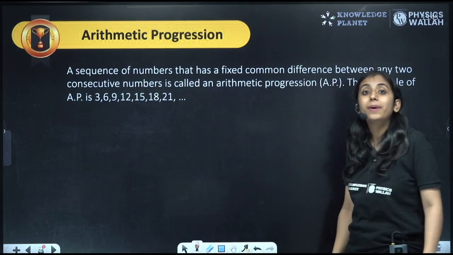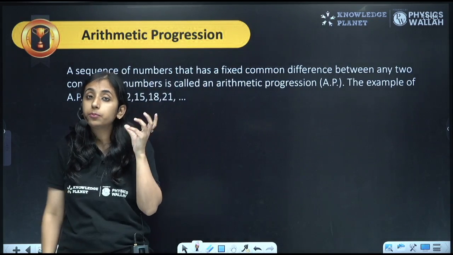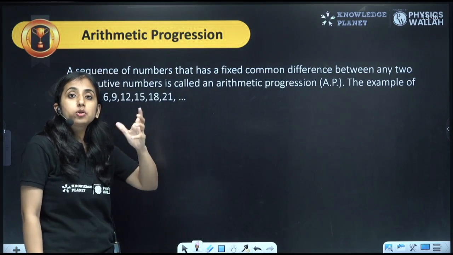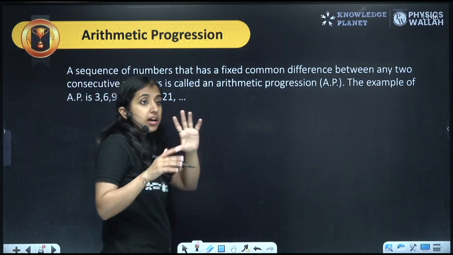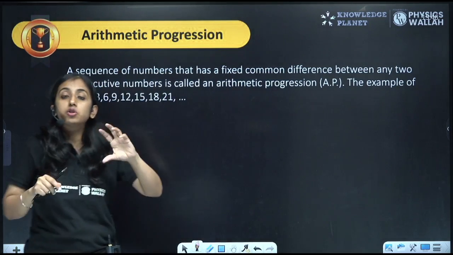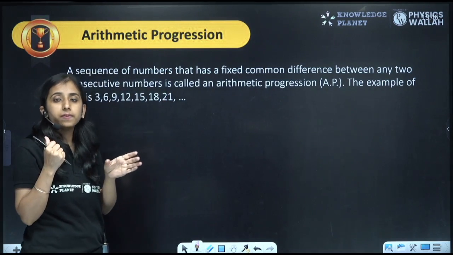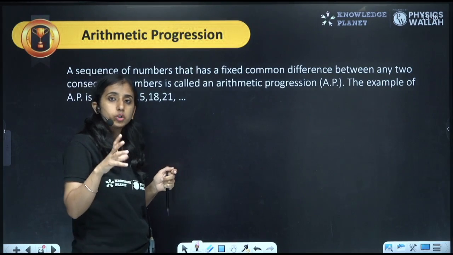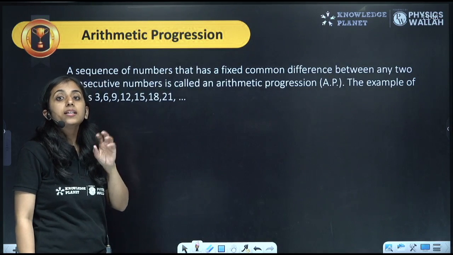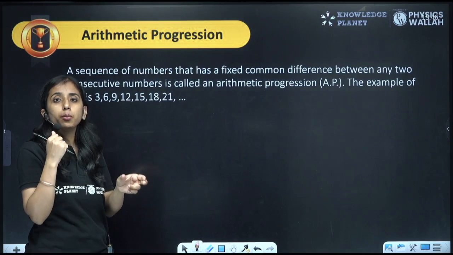Next is arithmetic progression. So what is arithmetic progression? Arithmetic progression is a series of numbers in which there is a fixed common difference between two numbers. That is, each next number is found by adding a fixed amount to the previous one.